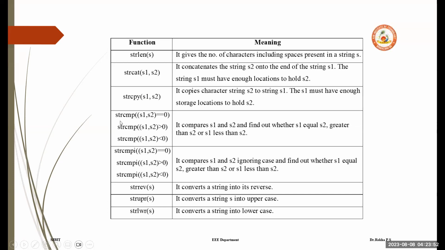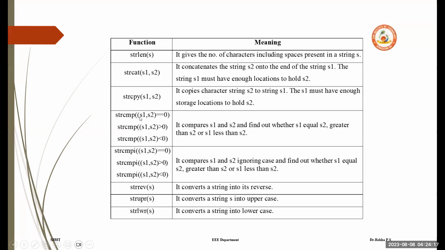Next, strcmp, where comparison is equal to 0. It compares strings s1 and s2 and finds out whether s1 is equal to s2, or s1 is greater than s2, or s1 is less than s2. Comparison of strings.